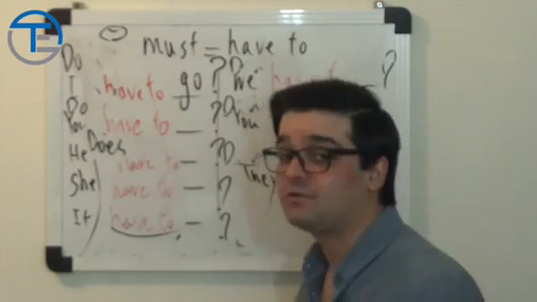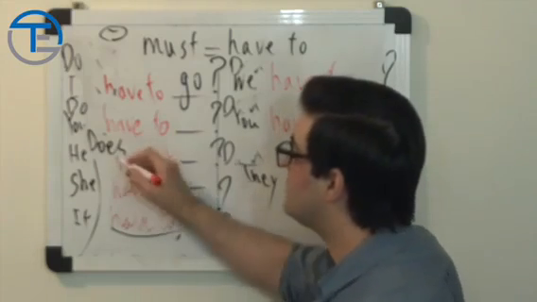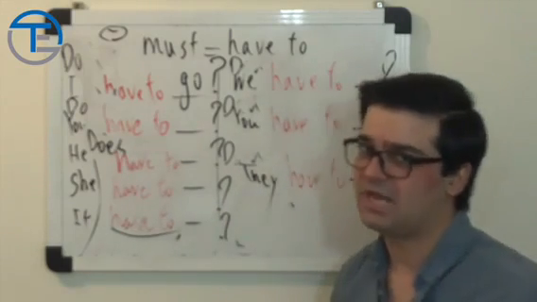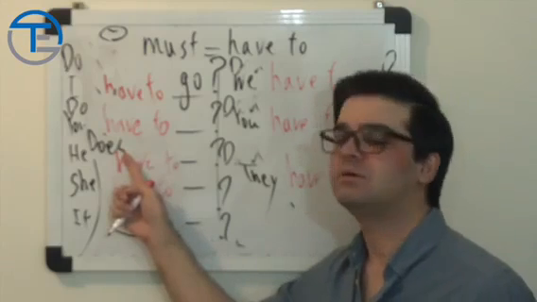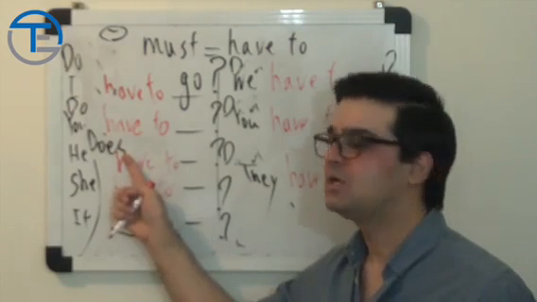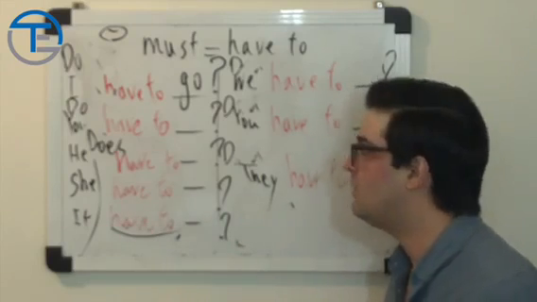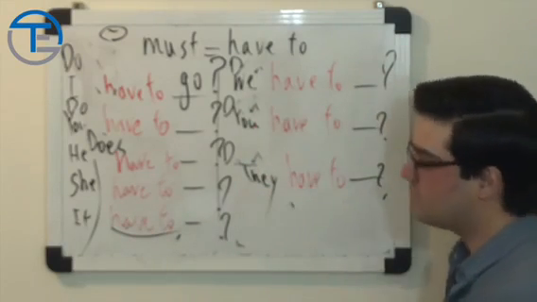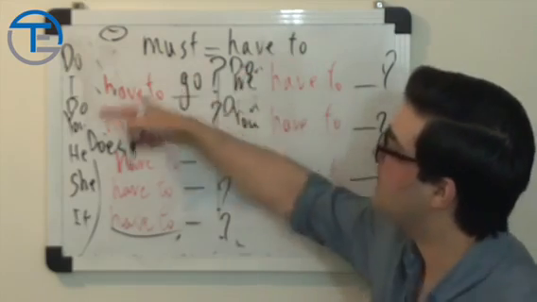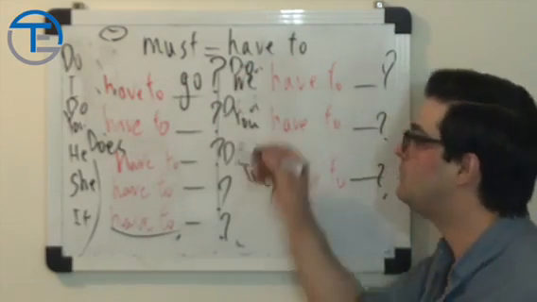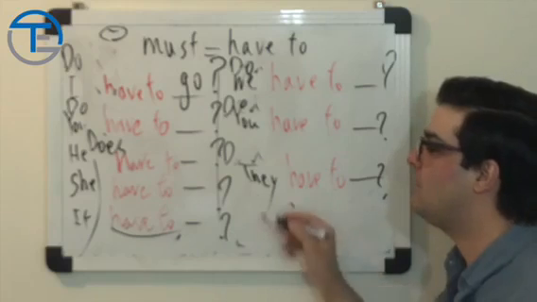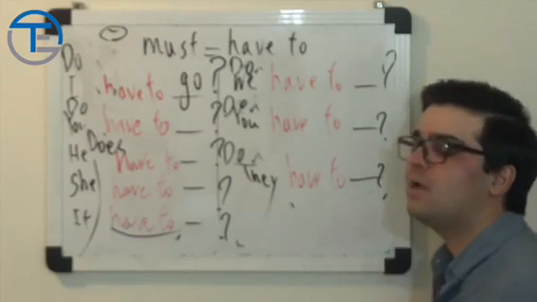Does he have to? Now here, for question, you have to use have to, not has to, because you see here s, does. Does he have to go? Does she have to go? Does it have to go? And for the other subject pronoun, like I and you, do we have to go? Do you have to go? Do they have to go?